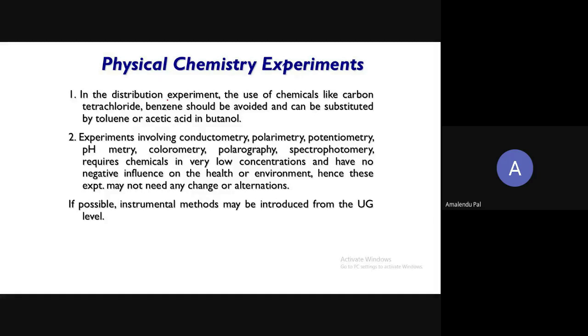We have to change our mind, so that instead of carbon tetrachloride and benzene, we can use toluene-butanol or acetic acid-butanol. These are safer chemicals than benzene and carbon tetrachloride. So the distribution experiment can be done this way.